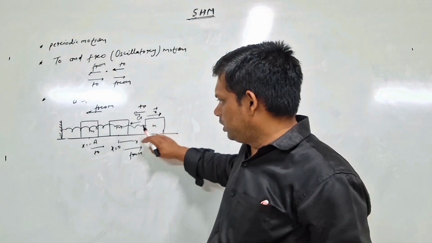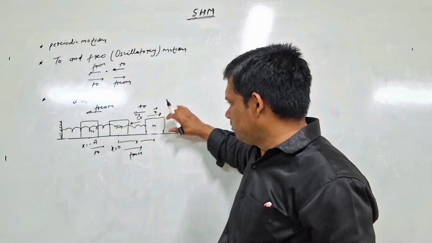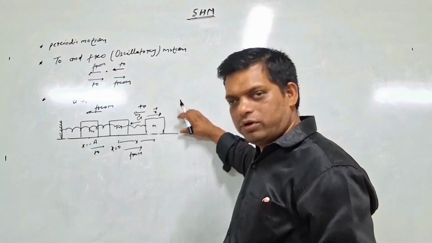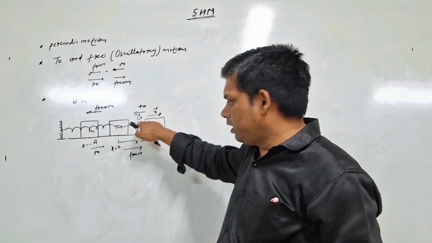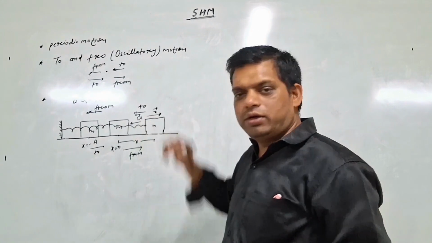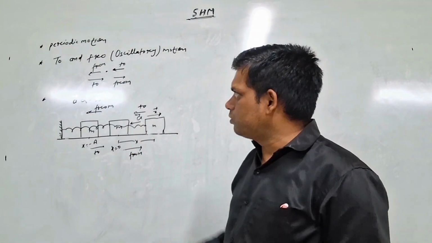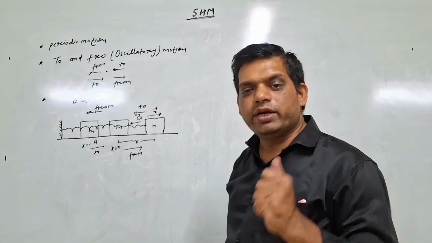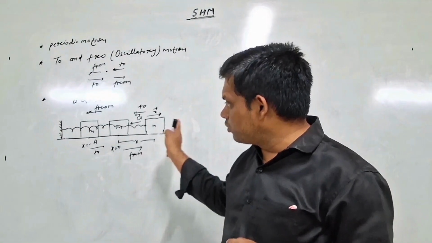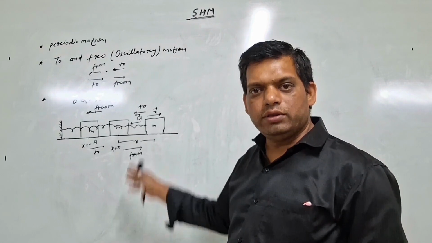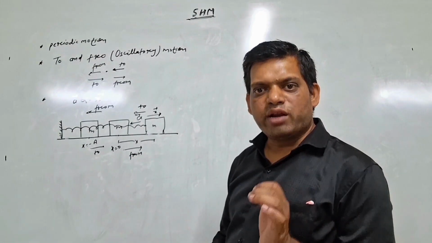And if we pull more, that is if x is more, then a will also be more. It means the acceleration is proportional to the displacement from the mean position. So here all three conditions are satisfied, and the motion of the mass will be simple harmonic motion.